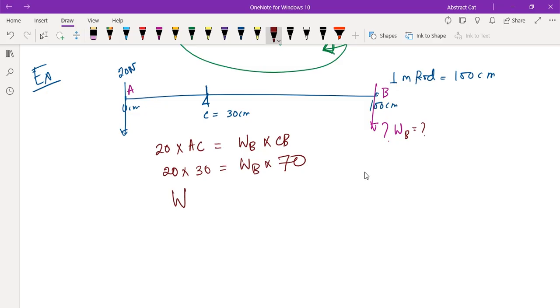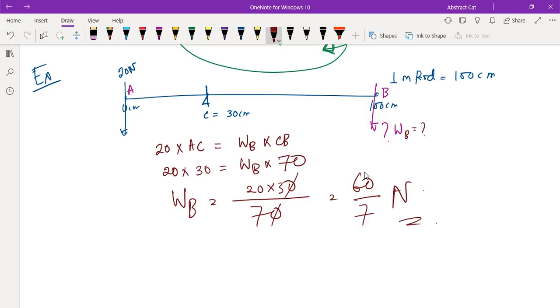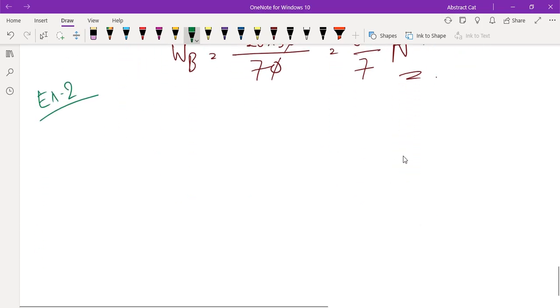So WB is equal to 20 times 30 by 70. Cancel: 60 by 7 Newton, a fraction. Okay, very easy calculation.